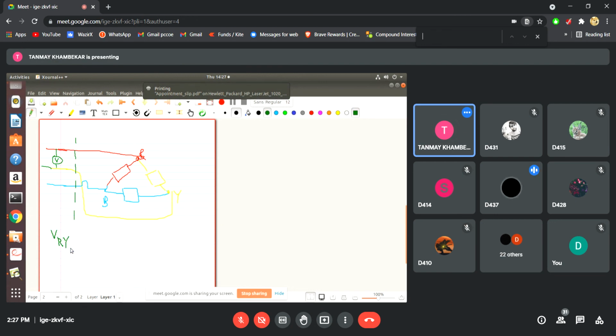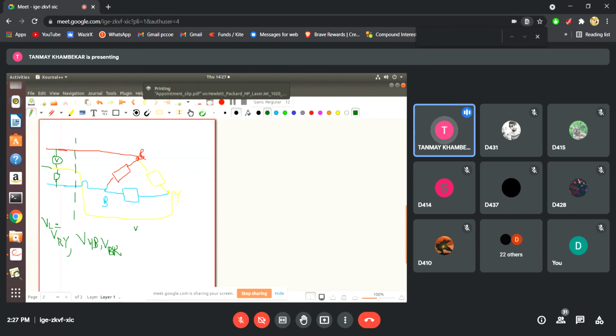VRY. Second voltage, one end to Y, another end to B. What name will I give? VYB. And third will be VBR. So these are all which voltages? Line voltages.